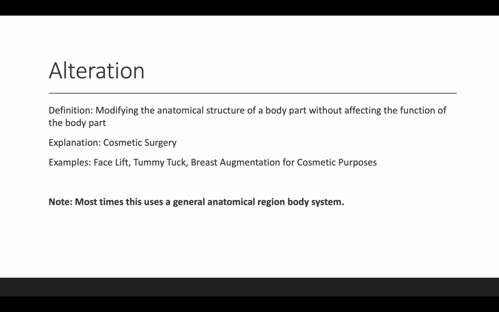For example, a tummy tuck is a general anatomical region. A lot of these, as you will find, look like they apply to different root operations, but since the objective is a cosmetic purpose, those are considered alteration root operation.